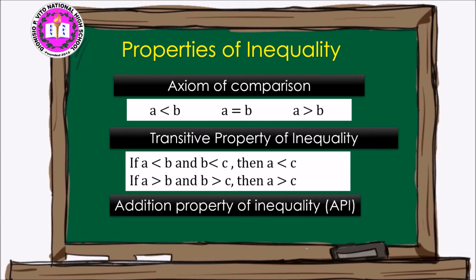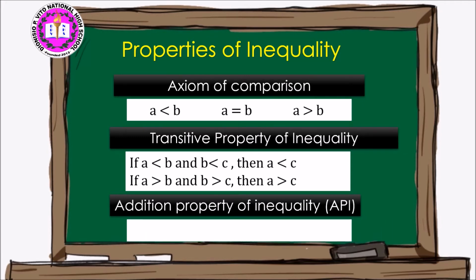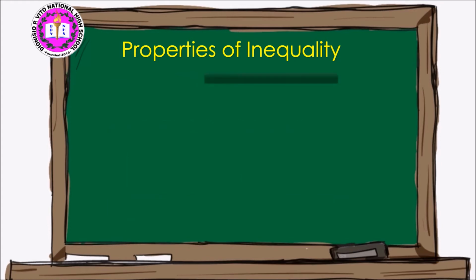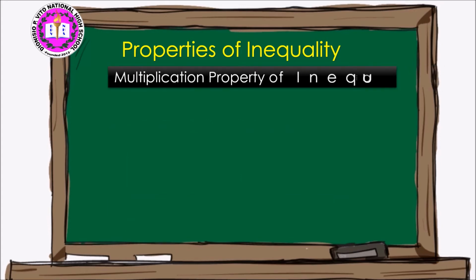Next is the addition property of inequality, or API. If a is less than b, then a plus c is less than b plus c. The next property that we have is the multiplication property of inequality, or MPI.